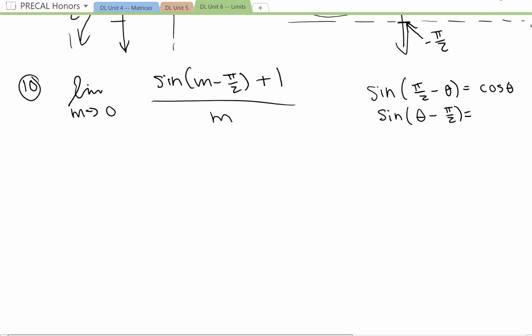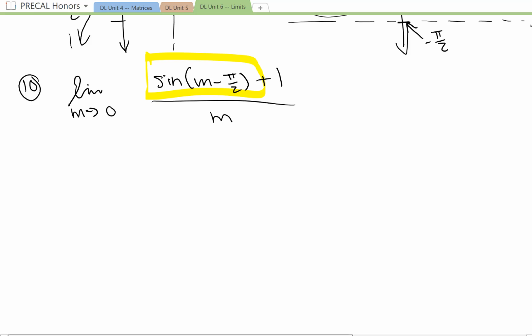For number 10, I noticed that sine of m minus pi halves reminded me of the cofunction identity that states sine of pi halves minus x is equal to cosine x. But what if it's the other way around?